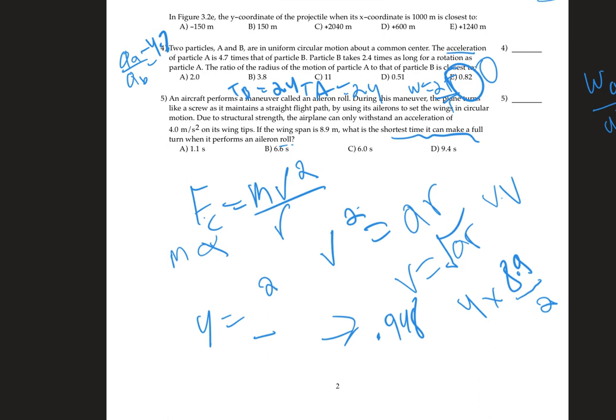So that squared times 4.45, and then we get 0.948. So if it turns for the shortest time, we do 2 pi r. So we're looking for the shortest time, divided by 0.948, is equal to 6.624 seconds.